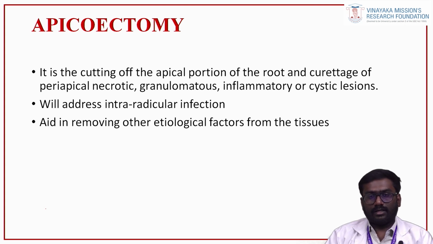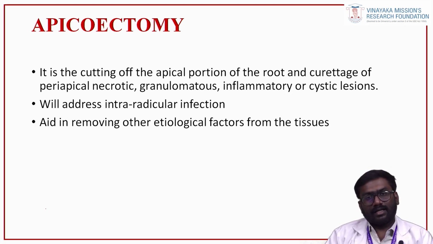So along with RCT, we have to combine a surgical treatment called apicoectomy, where we go in the periapical region, open the flap, open the bony window, see the apex of the tooth, curette all the cystic lesions, remove all the infected tissues and granulomas that are attached to the apex of the root, and surgically cut the apex of the root for certain millimeters, which I'll be telling you about.